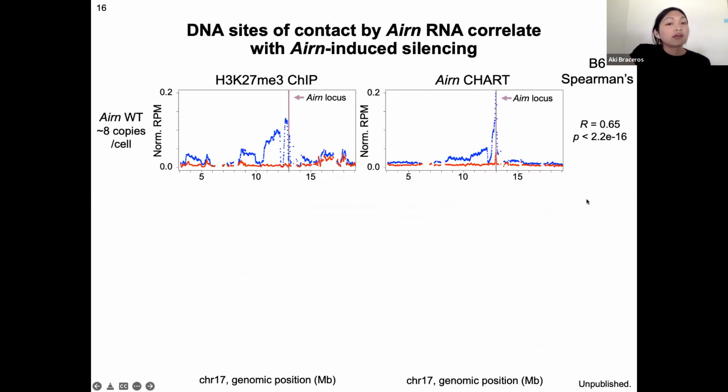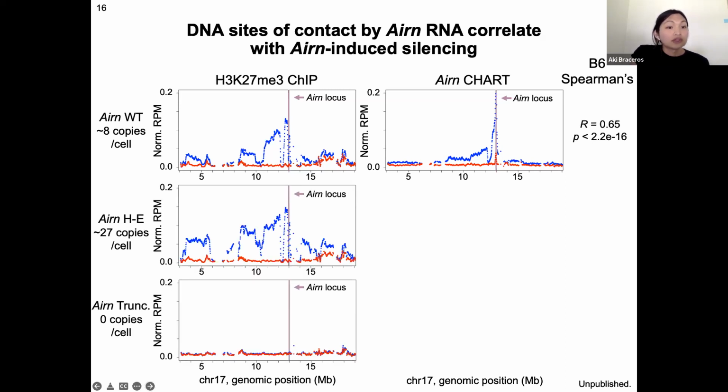So if we compare the silencing data on the left with the Airn CHART data on the right from wild type TS cells, we can see that both share very similar profiles and actually correlate pretty well. But we wanted to know if DNA contacts by Airn RNA actually scale with the expression levels, as observed with Airn-induced silencing. So we performed Airn CHART in the Airn highly expressing cells, as well as the Airn truncation TS cells.